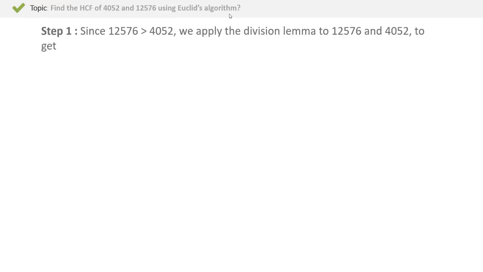Now let's take an example to find the HCF of 4052 and 12576 using Euclid's algorithm.